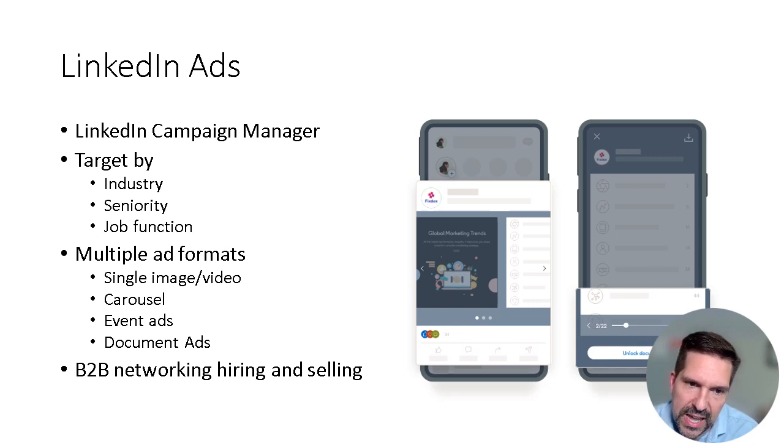You'll be using LinkedIn Campaign Manager if you are running a campaign on this platform. It's going to enable you to target by some of the same variables that we have discussed before, but the standouts, especially given the interest in hiring, are going to be industry, where the person or the company operates, depending on what you're interested in, and then things like seniority or job function, which are going to be very important if you're interested in reaching somebody to generate leads, or if you're trying to find somebody that you might hire in the future.